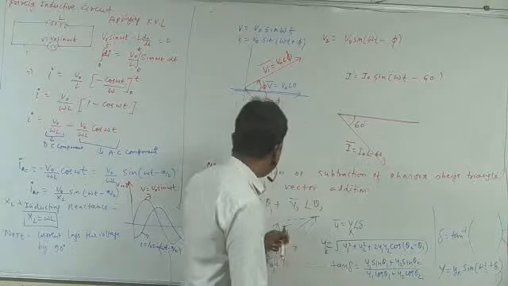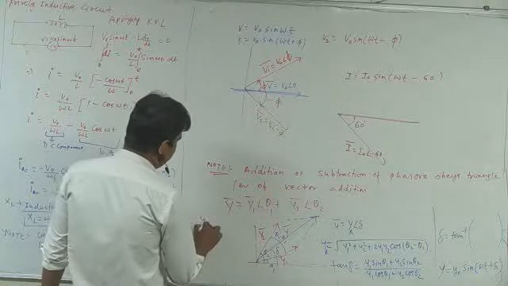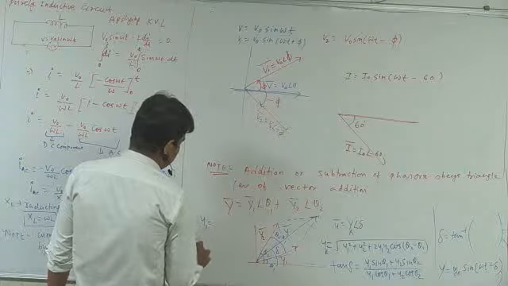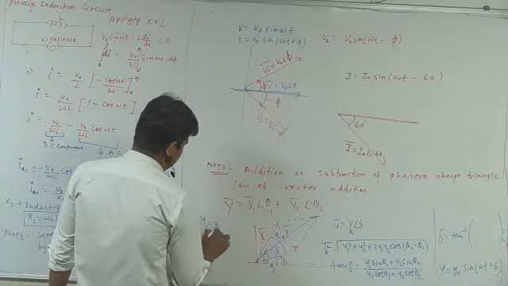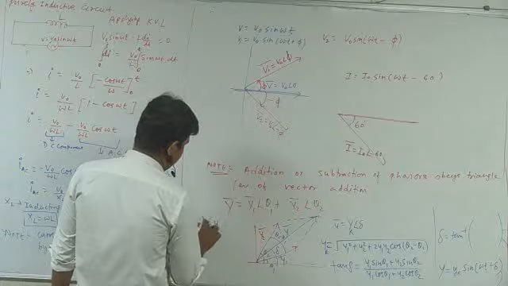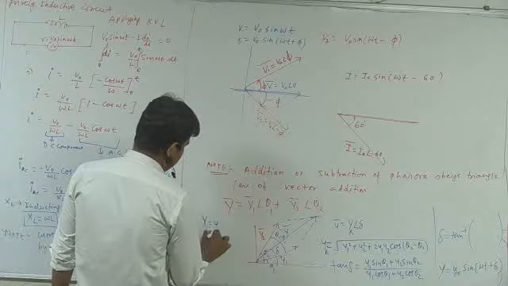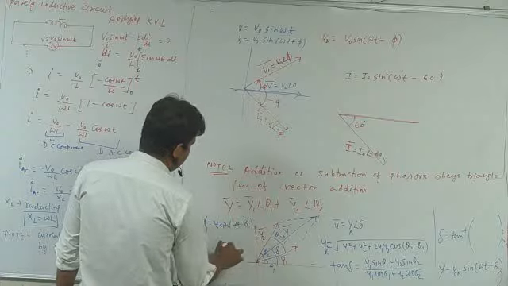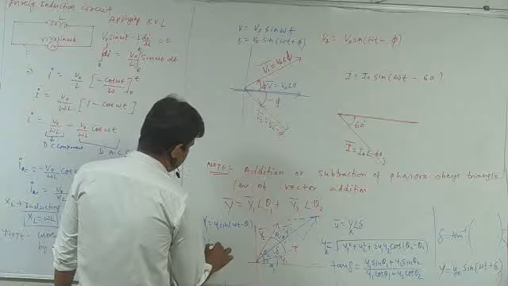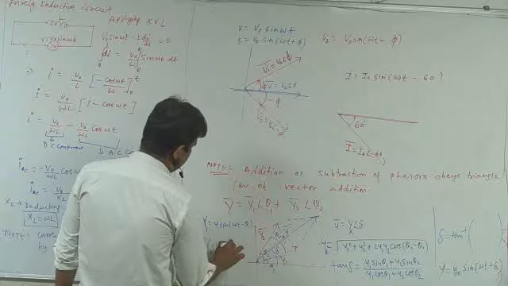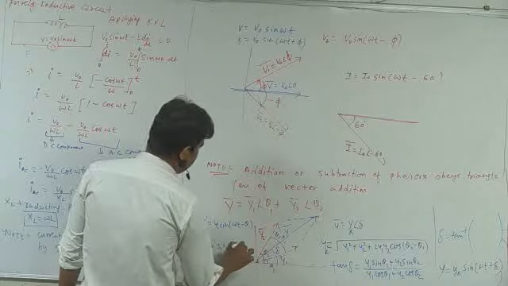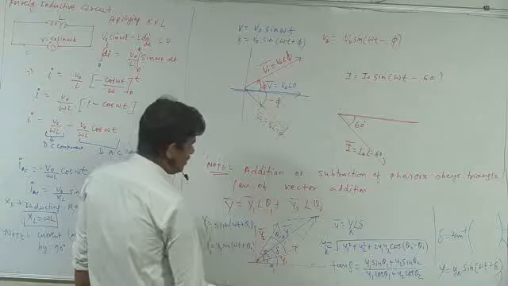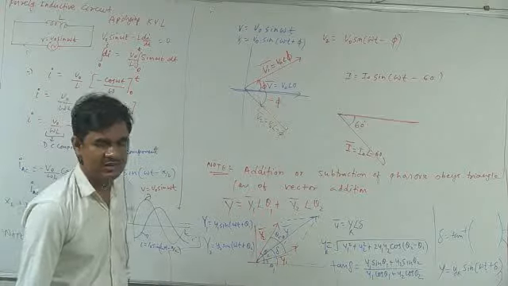What is y1 here? y1 is y1 sine of omega t minus theta 1, and y2 is how much? That is y2 sine of omega t plus theta 2. Is that clear? Yes or no?